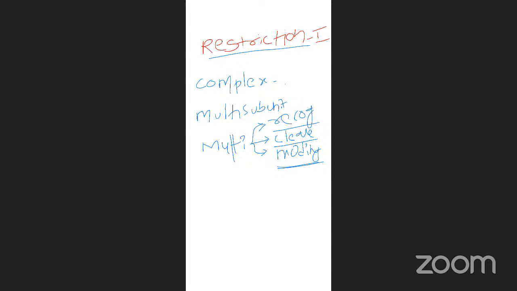But this restriction enzyme has multiple subunits. Multi-subunit means such as HSDR, and HSDM.